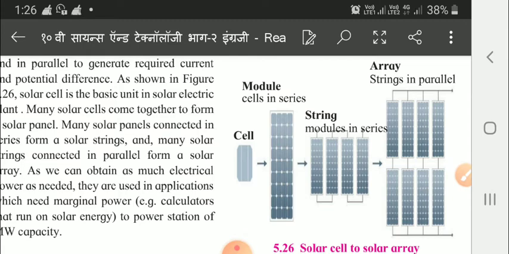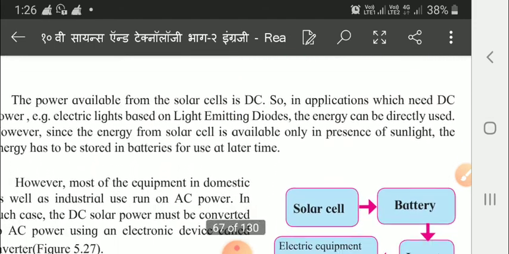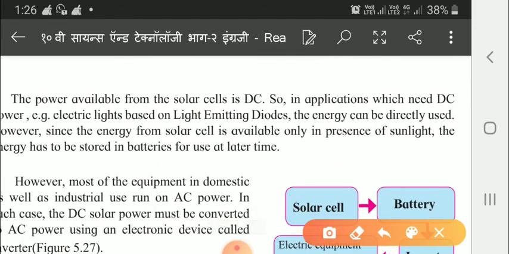Now we will come to the next page, that is page number 58. Here we can see that the power available from the solar cell is DC. So in application, when we need it, the DC power can be used directly, for example, in electric light based or light emitting diode, that is called LED, etc. This energy can be directly used.